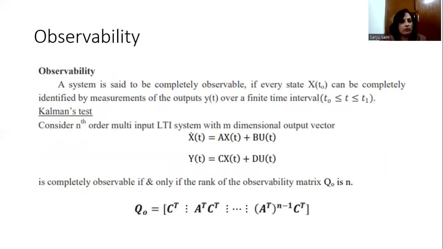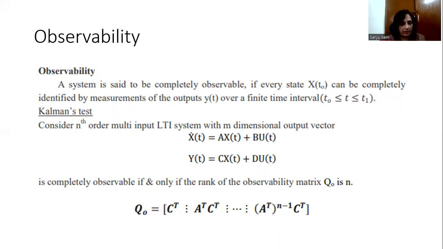Then second thing is about observability. A system is said to be completely observable if any state can be identified by measurement of the output over a finite time interval. So the Kalman test for this is, we just take up the state variable model, x dot t is equal to Ax(t) plus Bu(t). Output equation is y(t) is equal to Cx(t) plus Du(t).